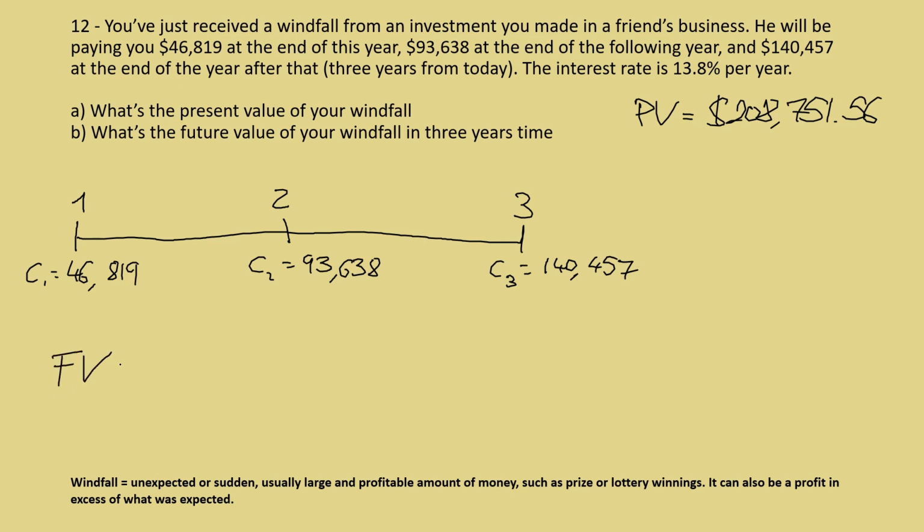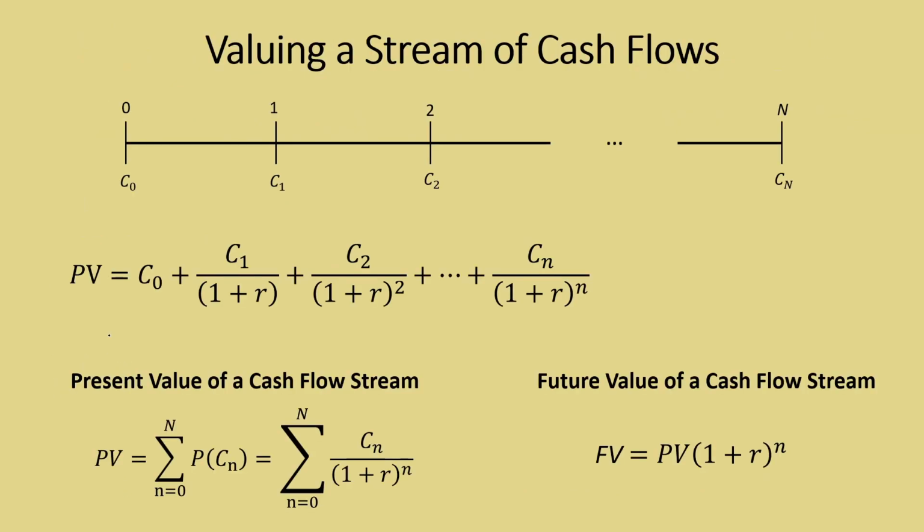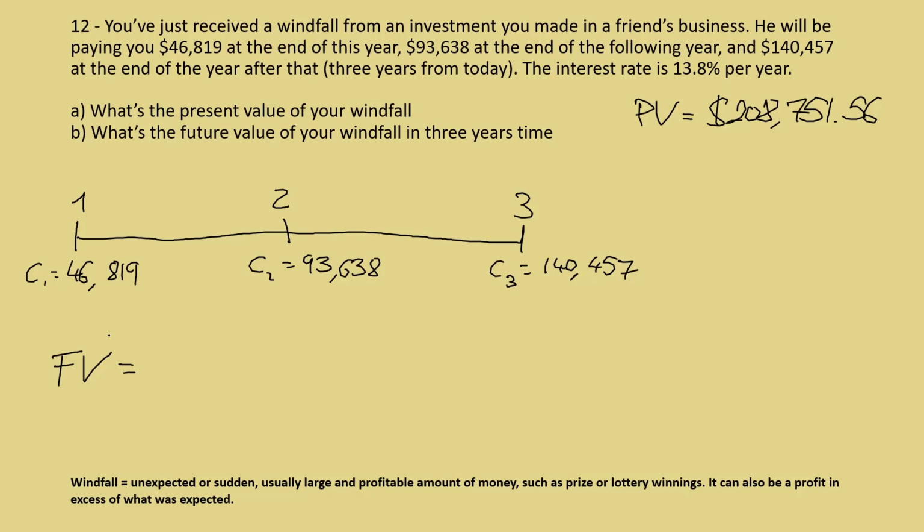So we said the future value, if we look back at the formula, is equal to the present value times 1 plus the interest rate to the power of n periods of time. So the future value is equal to 208,751.56 times 1 plus the interest rate, which we said is 0.138 in decimal form, to the power of the period.